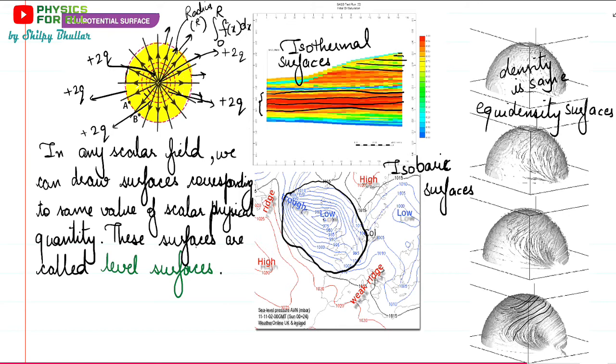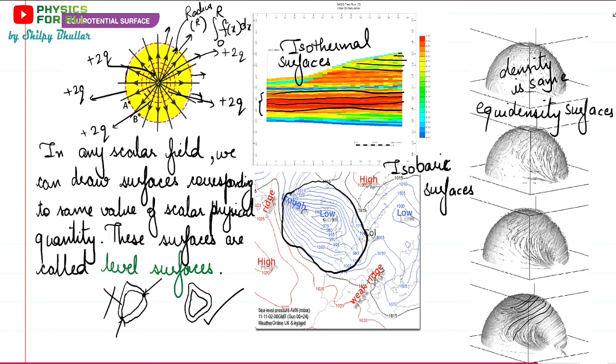Why? Suppose you have two surfaces. This is the ideal case, that you have drawn two surfaces and they are not intersecting. But this is the non-ideal one. If it happens, then you can see that you are getting two points of intersection, here and here. If you are getting two points of intersection, that means there are two different values.